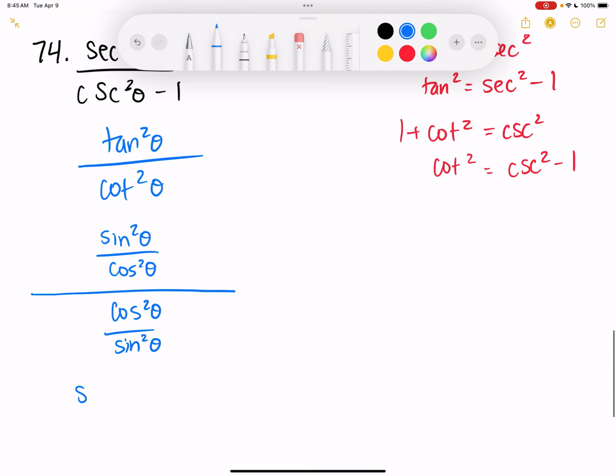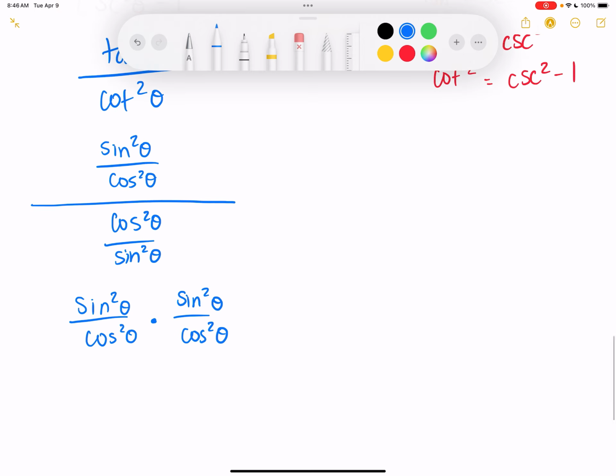So the top will be sine squared theta over cosine squared theta times, flip the bottom one, so this will become sine squared theta over cosine squared theta. And then we just multiply this one. Nothing can cancel out, so I just have to multiply across the top. So that would become sine to the fourth of theta over cosine to the fourth of theta.